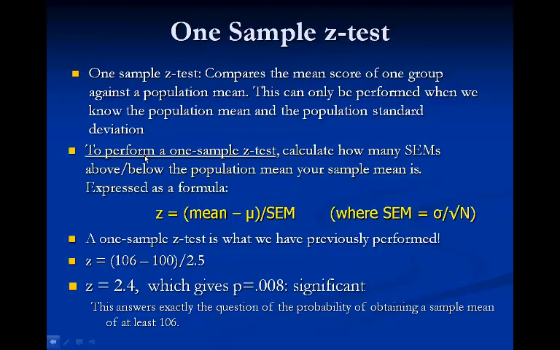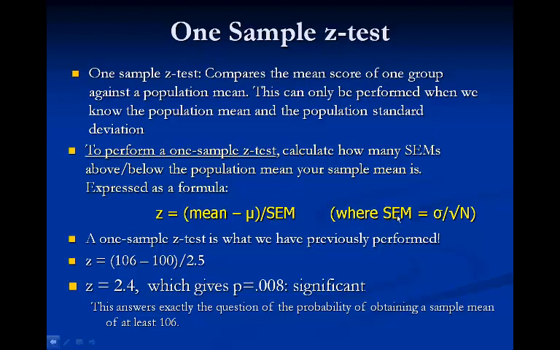So to perform a one sample z-test, what you do is you calculate how many standard errors of the mean above or below the population mean your sample mean is. So we can express that as a formula, as a z-score. It's your actual mean, your sample mean, minus the population mean, which is represented always by mu, expressed in standard errors of the mean, which, if you remember, is the standard deviation of the sampling distribution of the mean.